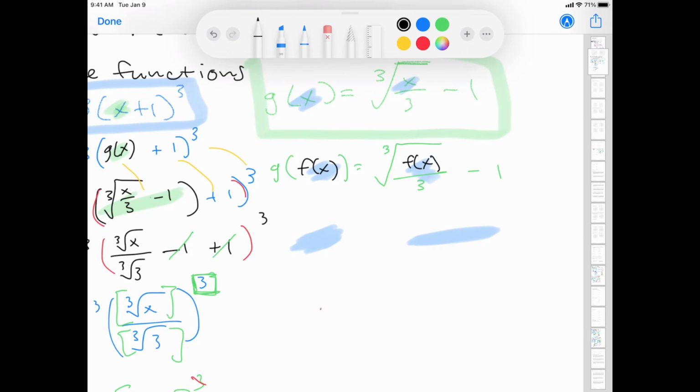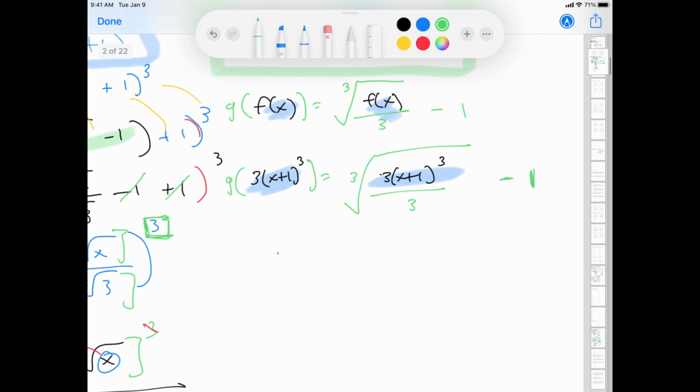But now the f of x is 3 times x plus 1 to the 3rd power. So I have this g function, cube root of all of this, and that minus 1 is on the outside.